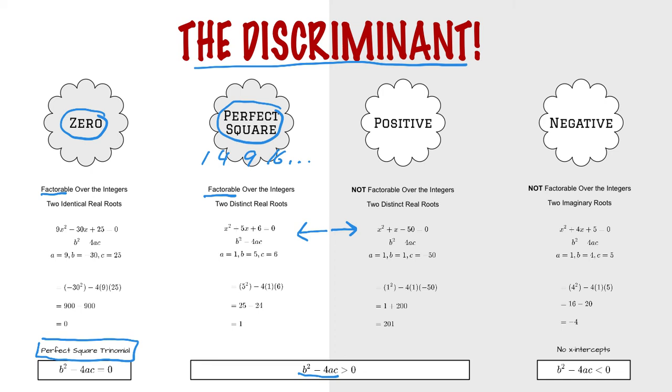So when the discriminant is positive, you'll still get 2 distinct real roots. But 201 is not a perfect square, so you'll have to approximate if you want to go further. And if the discriminant is negative, you're going to get a value of negative something in the discriminant under the radical sign, in which case you have imaginary roots.